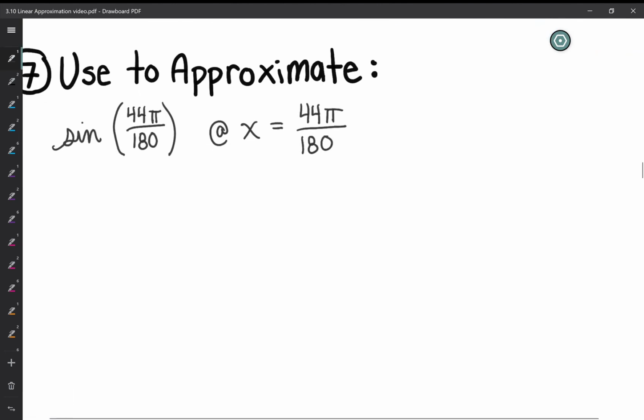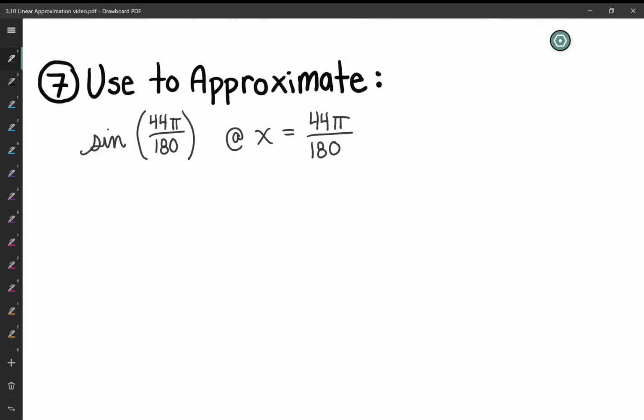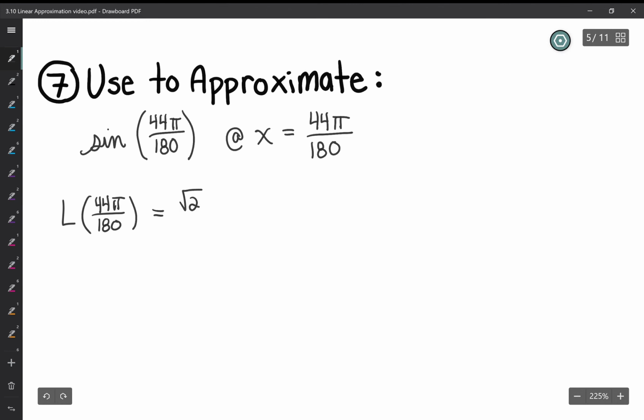So we need to find L of 44 pi over 180, which will be equal to the square root of 2 over 2, plus the square root of 2 over 2, times 44 pi over 180 minus pi over 4.